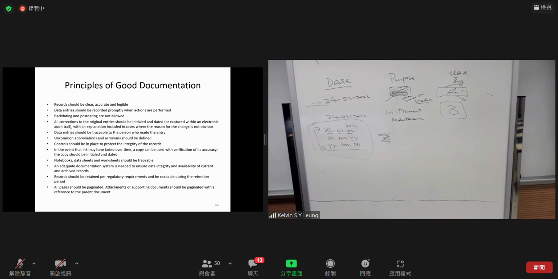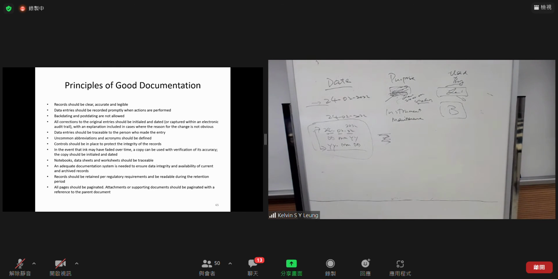We also suggest you give your initials on the copy and date it. So make sure that you follow a good documentation practice when you're performing your lab work. This is very important.